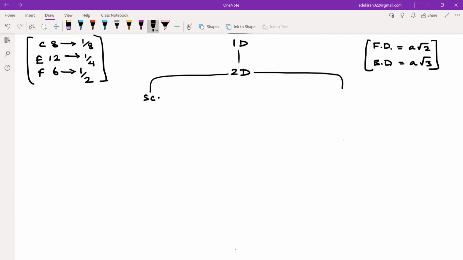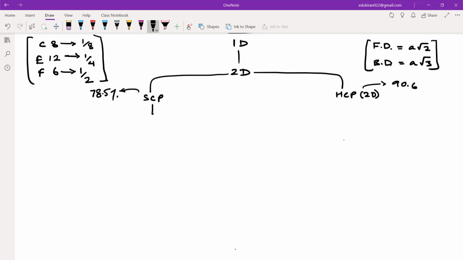There is square close packing, there is hexagonal close packing in 2D. From SCP, you have to remember that the packing efficiency is 78.5. And for HCP, the packing efficiency is 90.6.